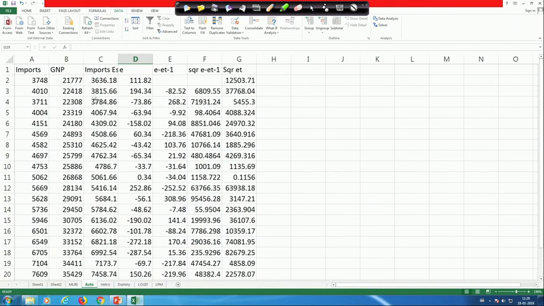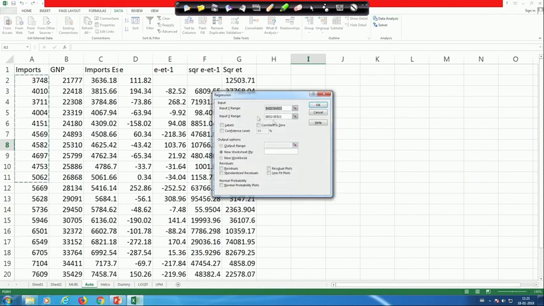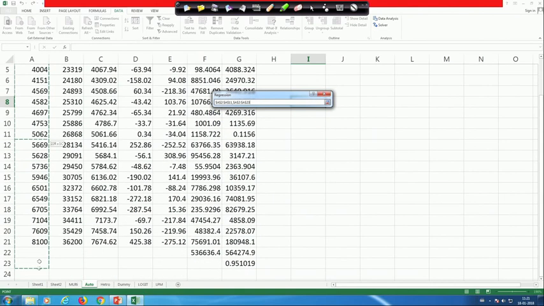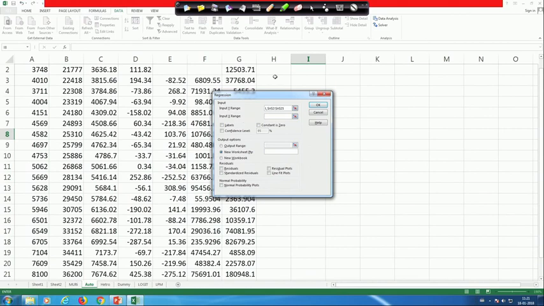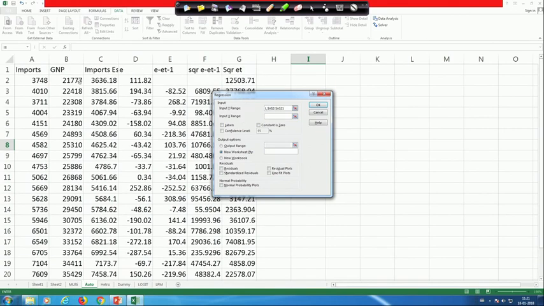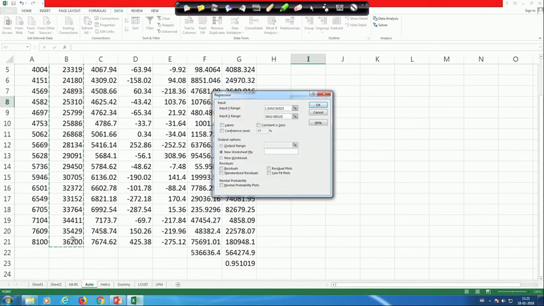So, we are trying to estimate the imports. What will you do technically? You go to the data analysis, first you go to the regressions, then highlight the import structure here, ranging from this data to this data. Then again you give the independent variable declarations, that is the GNP, from this particular data point to this data point.